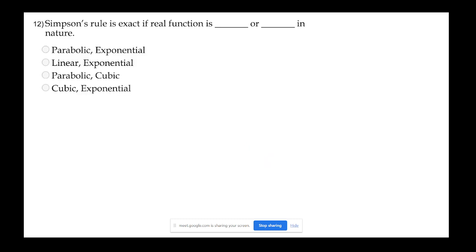1475.4. Next question is, Simpson's rule is exact if the real function is dash or dash in nature. So I have already told you that for Simpson's rule, we use a parabola to find the area.